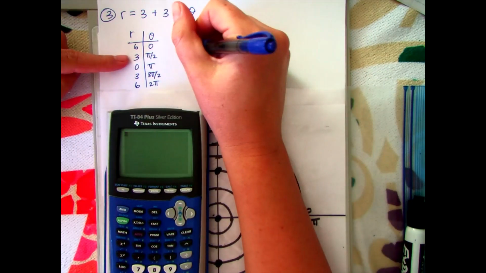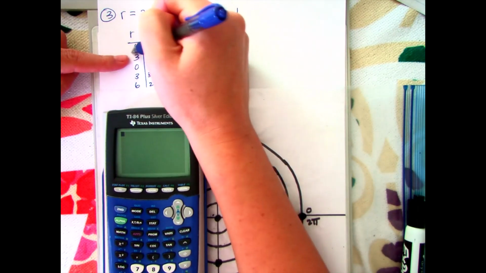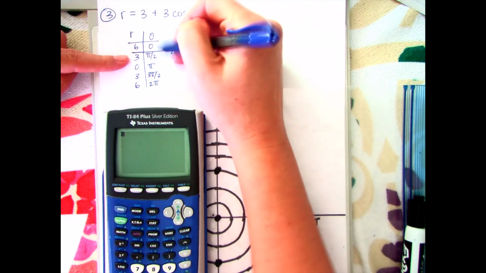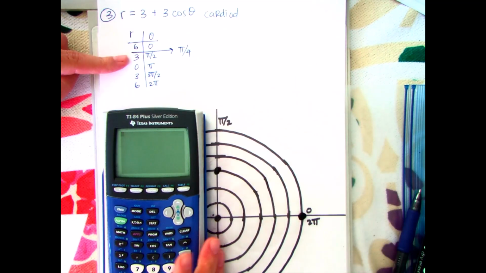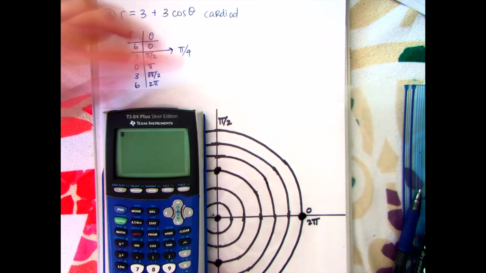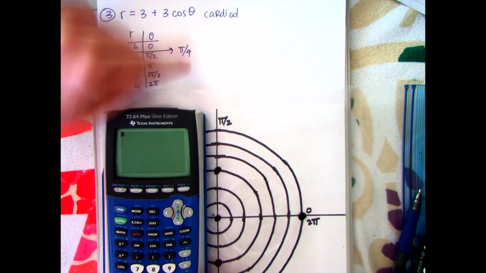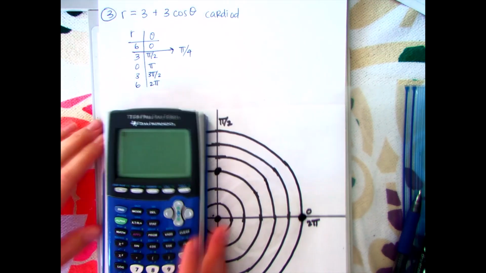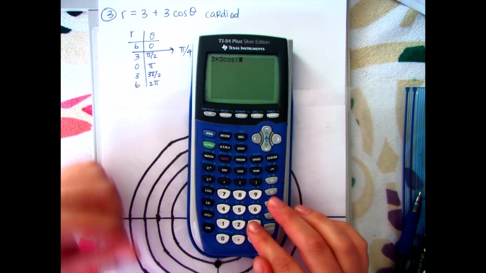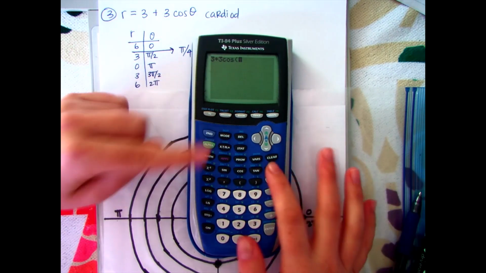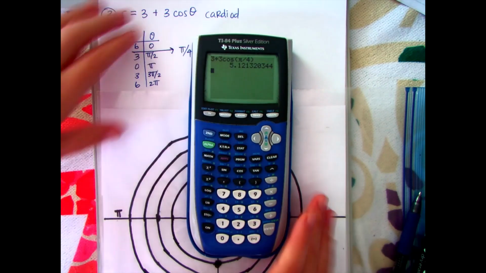I like to go right smack dab in the middle. So I'm taking pi over 4, right? That's in between 0 and pi over 2. I'm just going to show you what I'm talking about. These are going to be irrational values for pi over 4 because it's going to have a square root of 2 over 2 in there, right? So when we type this in, 3 plus 3 cosine of pi over 4, you can see it's going to give us an output value.